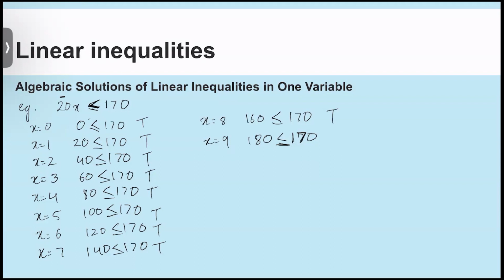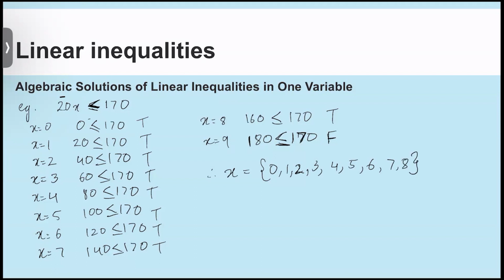But for 9, it is greater than 170, and it is also not equal to 170. So this will remain false. Therefore, your solution set for the inequality 20x is less than or equal to 170 would be 0, 1, 2, 3, 4, 5, 6, 7, and 8.